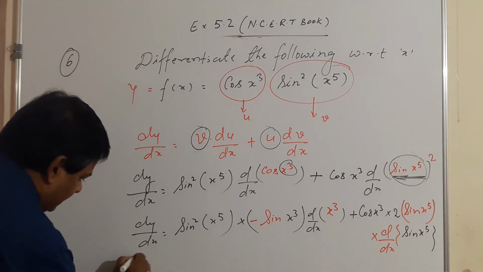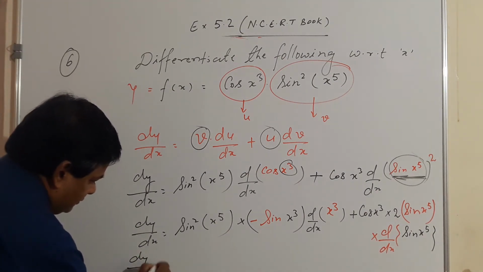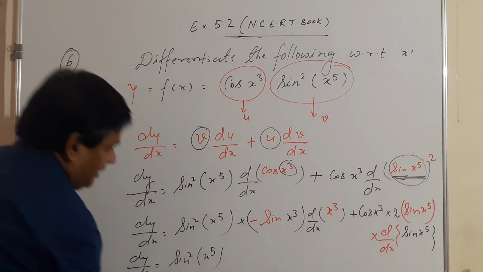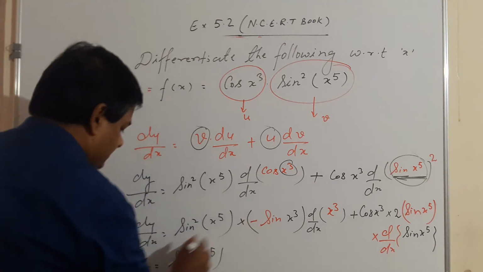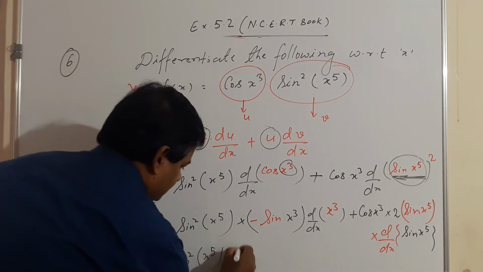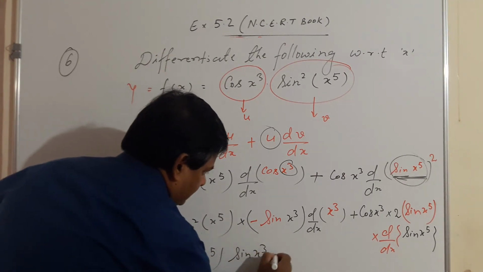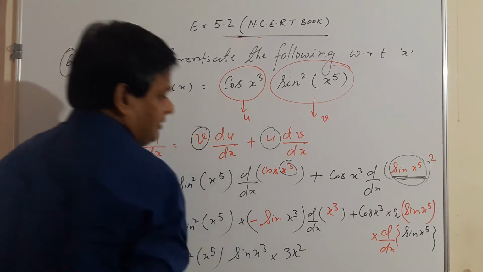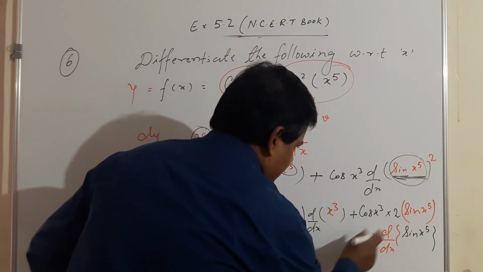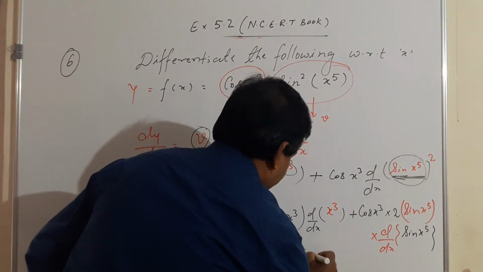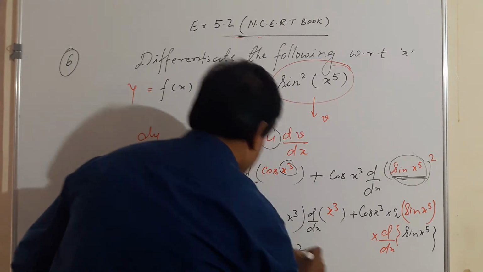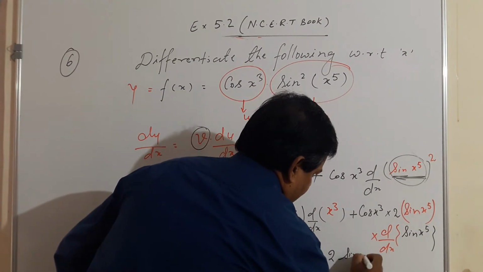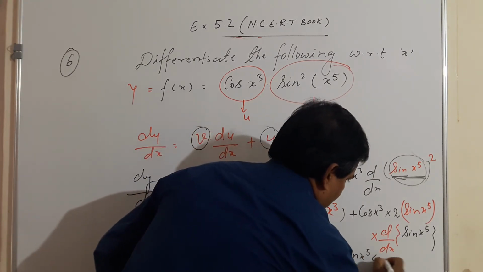Now dy by dx is equal to sine square x raised to the power 5. Here minus sign, so put here minus sine x cube, and differentiation of x cube is 3x square. Here plus sign, so plus 2 sine x raised to the power 5 cos x cube.